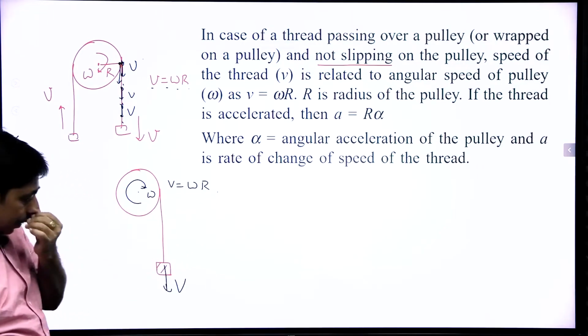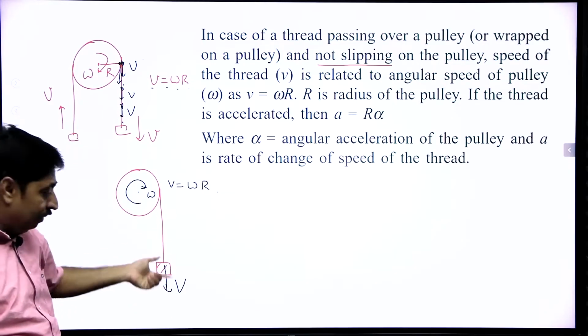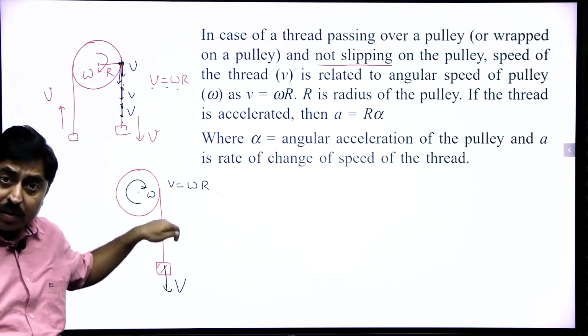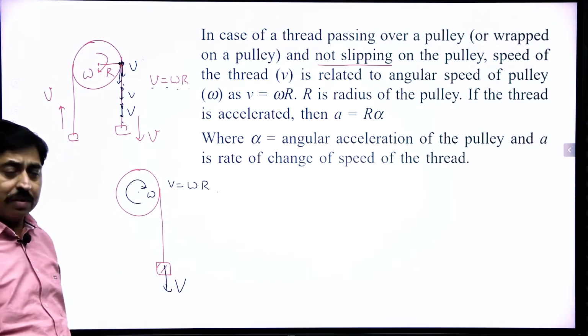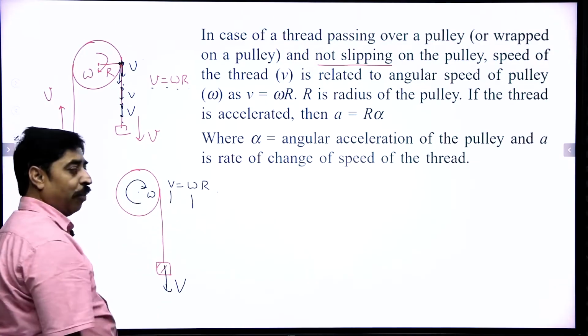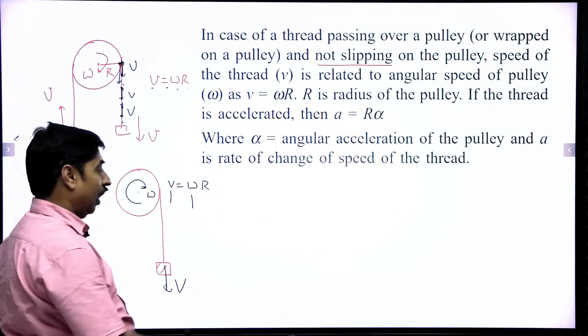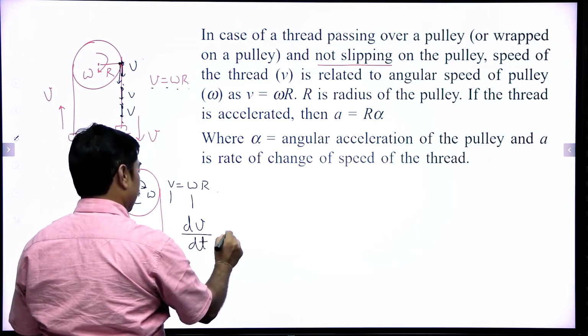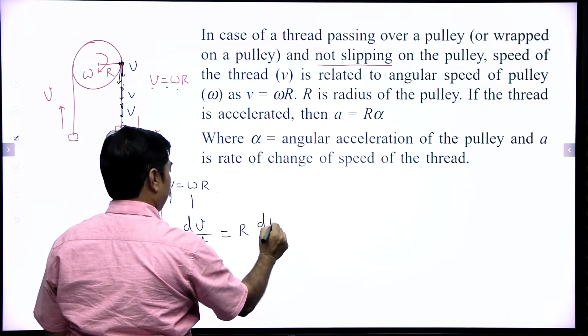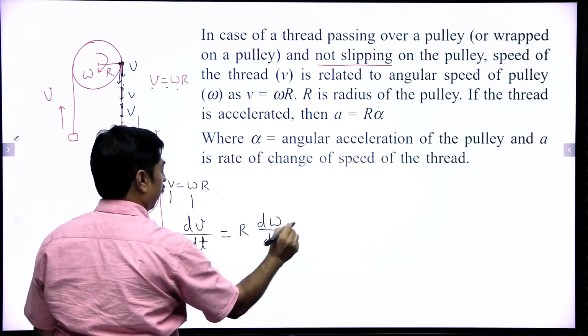Okay. Now in this case or in this case, if this body is accelerated, that means this speed is increasing, the angular speed of the pulley must also increase. If v is increasing, then omega must also increase, and therefore this relationship holds, right?